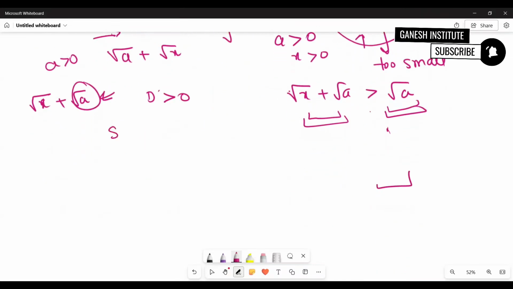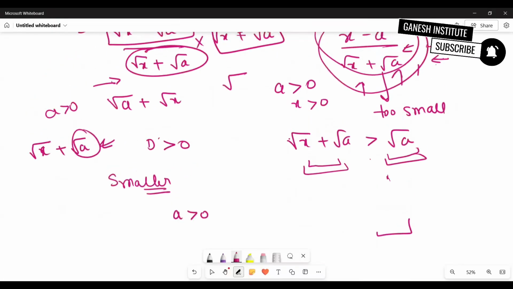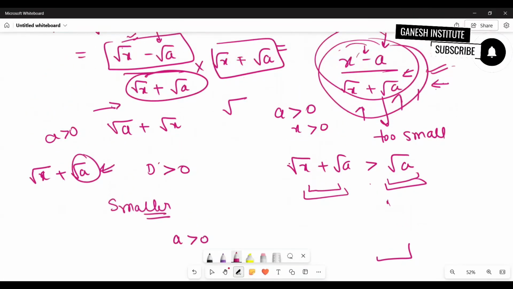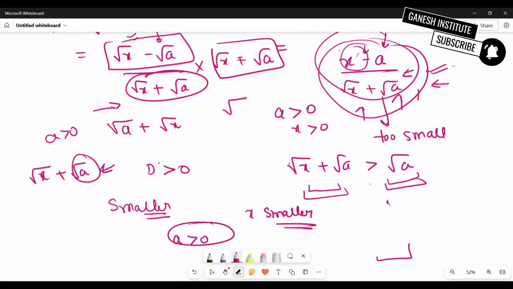If your fraction is coming out as smaller, what does it mean? Because a is greater than 0, this is given. But a smaller value of the fraction means x is also smaller. x has to be smaller, then only the fraction can be smaller, given the condition that a is greater than 0.